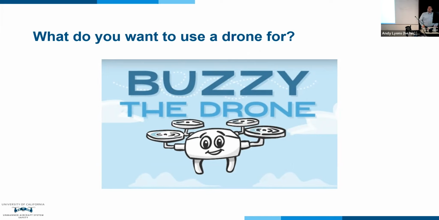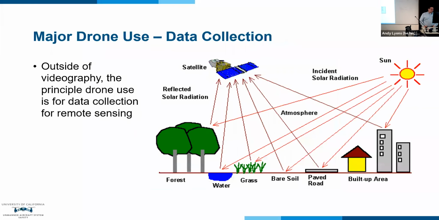So we're all here because we want to fly drones. But what are we really using our drones for? Primarily, outside of videography and cinematography, the primary use of our drones has been for remote sensing to some degree.